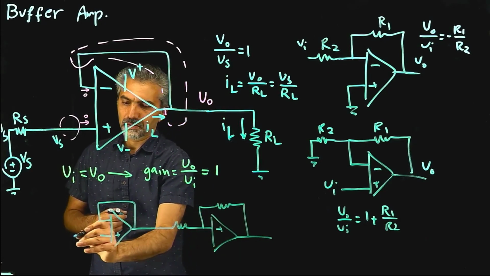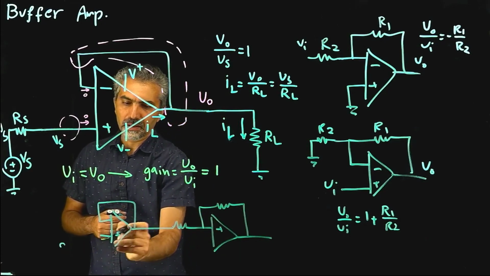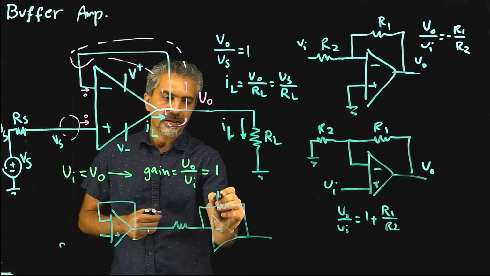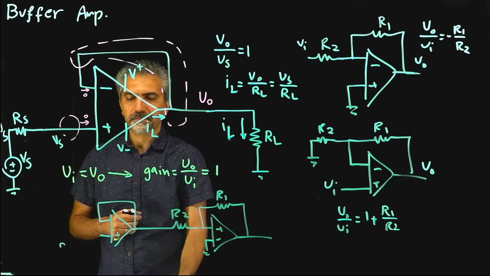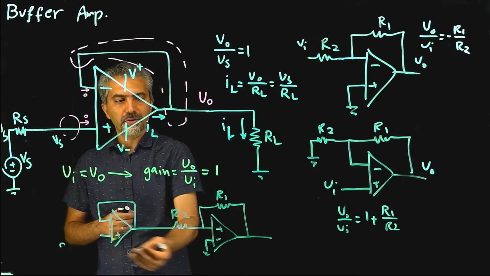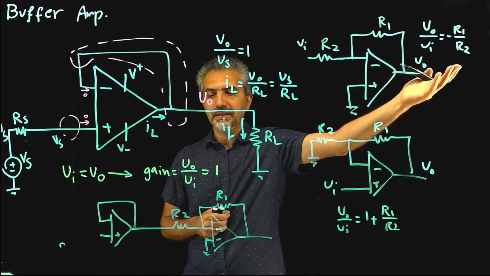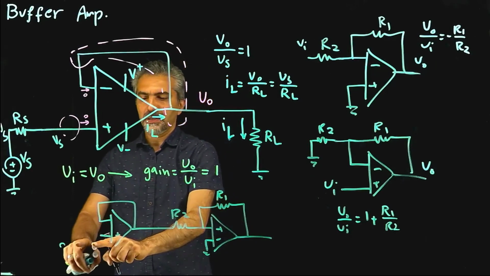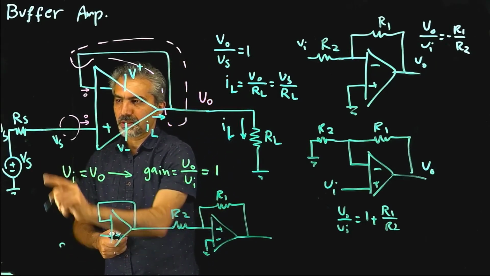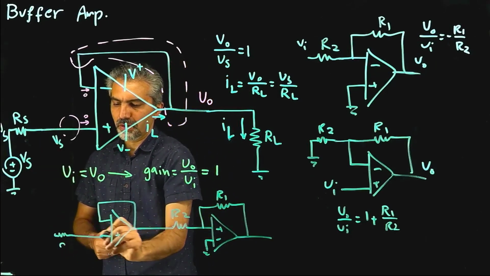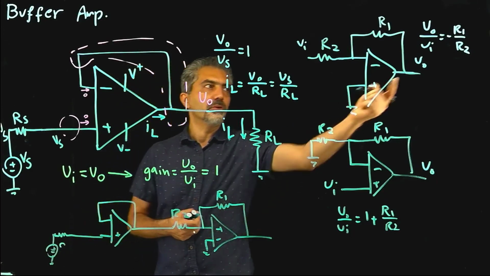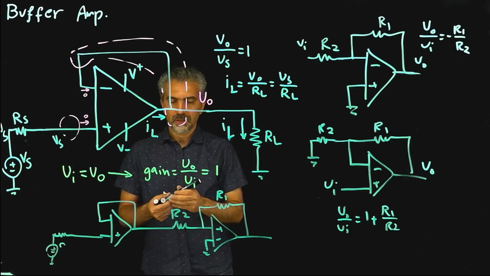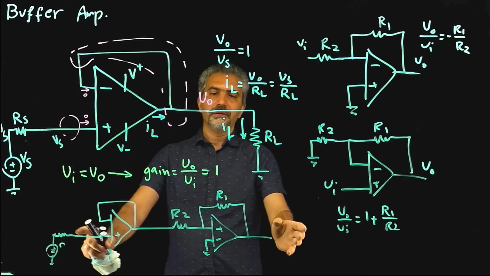So this now has the unity gain, and then this part gives you the negative gain. So you overall get the same negative gain that you had before, but this time, if the internal resistance of your source happens to be large, you still don't lose any of that gain, and you keep the same gain for your overall amplifier.